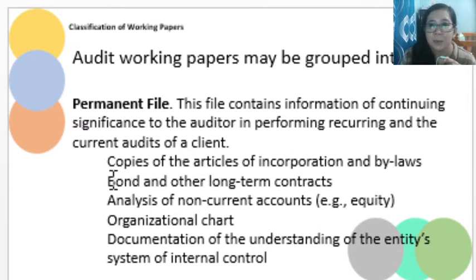This will include copies of the articles of incorporation and bylaws, bonds and other long-term contracts, analysis of non-current accounts, organizational chart, documentation of understanding of the entity, and their system of internal control. These are the items that should be included in the permanent file.